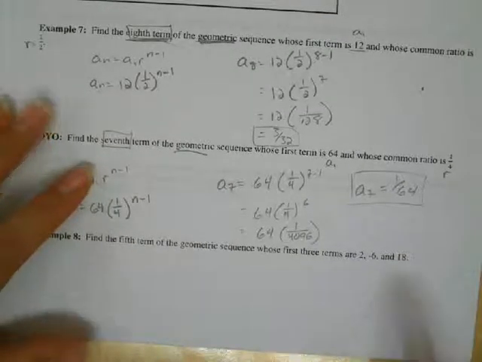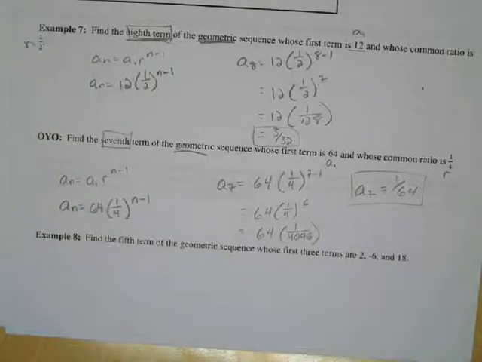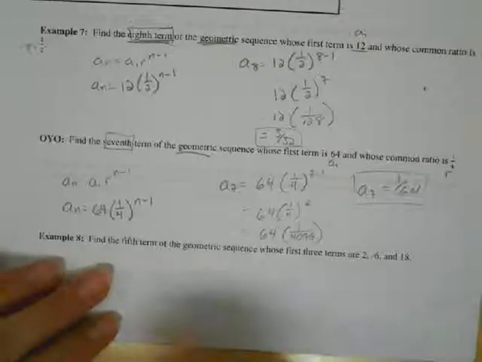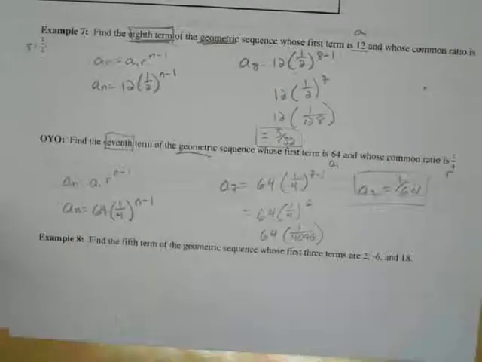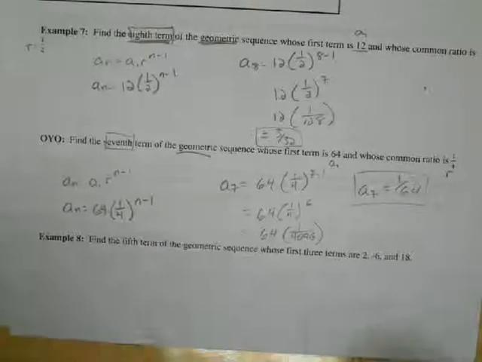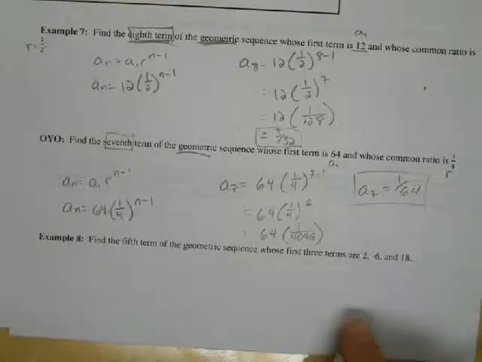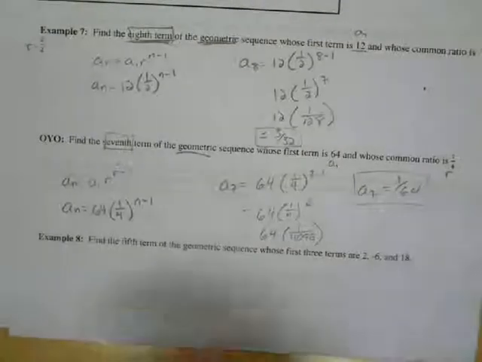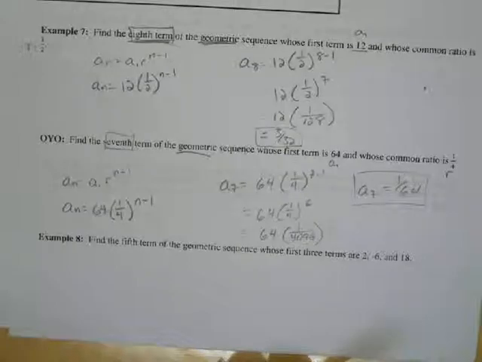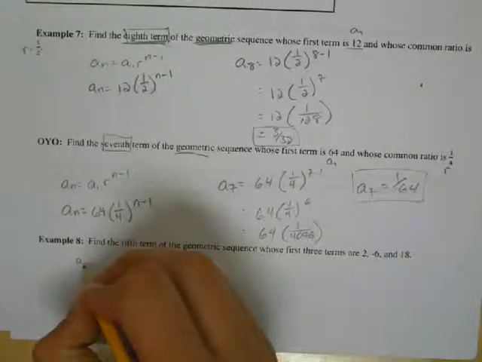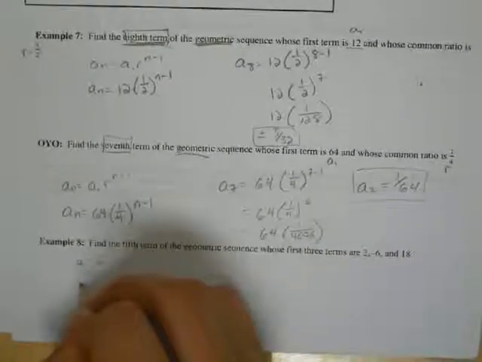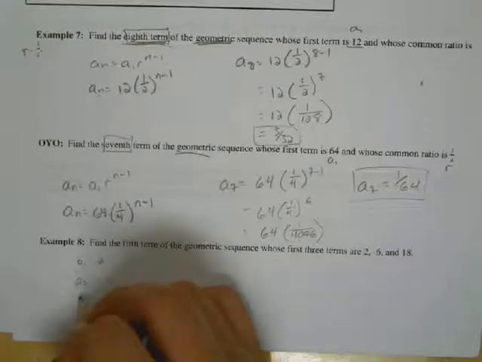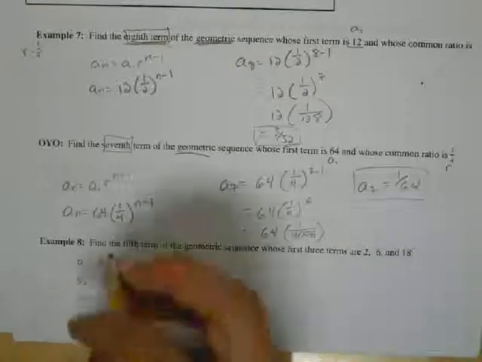In order to find the 5th term, we need to figure out what that common ratio is. And we can then either find the general term, or we can just kind of multiply it in this particular case. So if A1 is 2, A2 is -6, and A3 is positive 18.